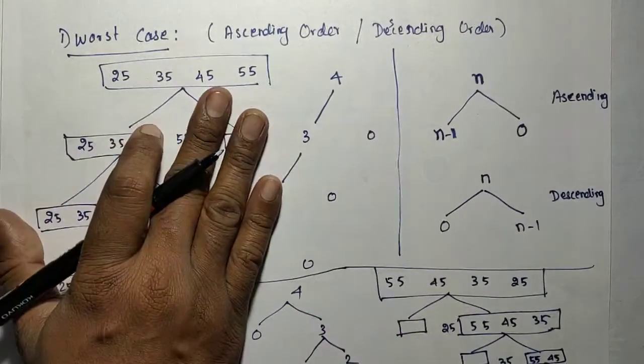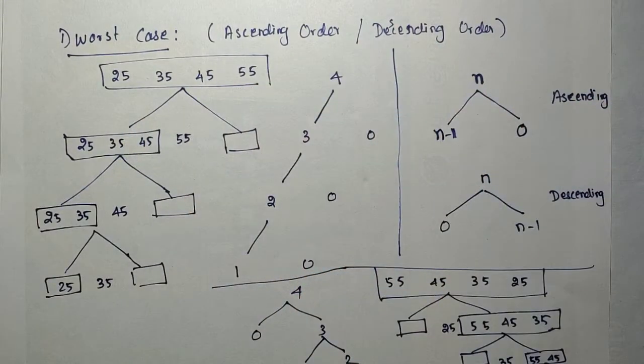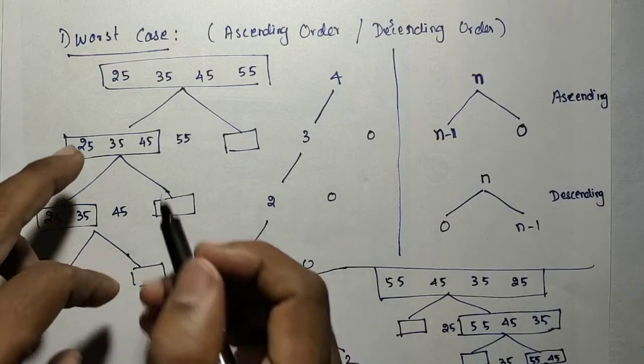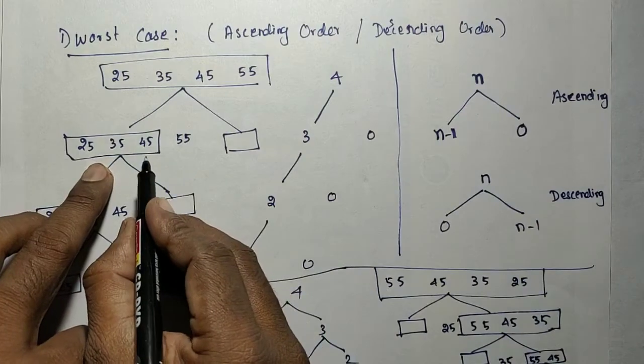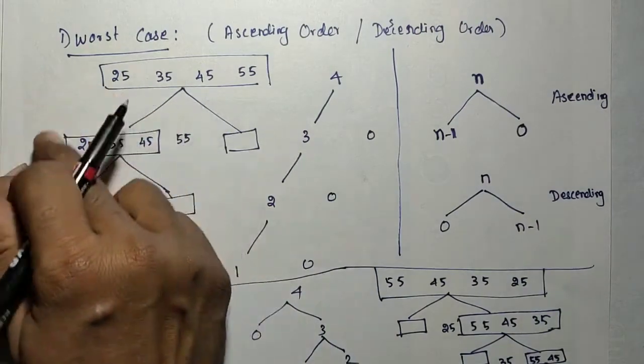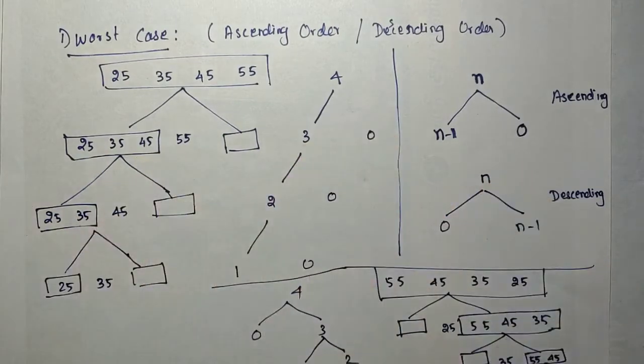Here you are applying divide and conquer, but it is not divided equally. One person, the burden is huge. Here the two persons also, the load is not perfectly balanced. So one subproblem is getting more load. So even if you are applying the divide and conquer approach, you will get the worst complexity.